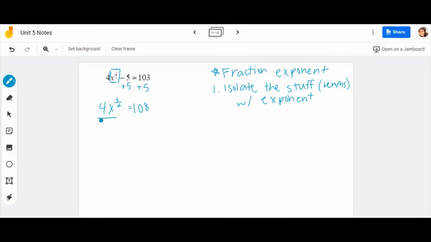And then I can divide by 4. My 4's cancel, so I have just x^(3/2) equals 27.